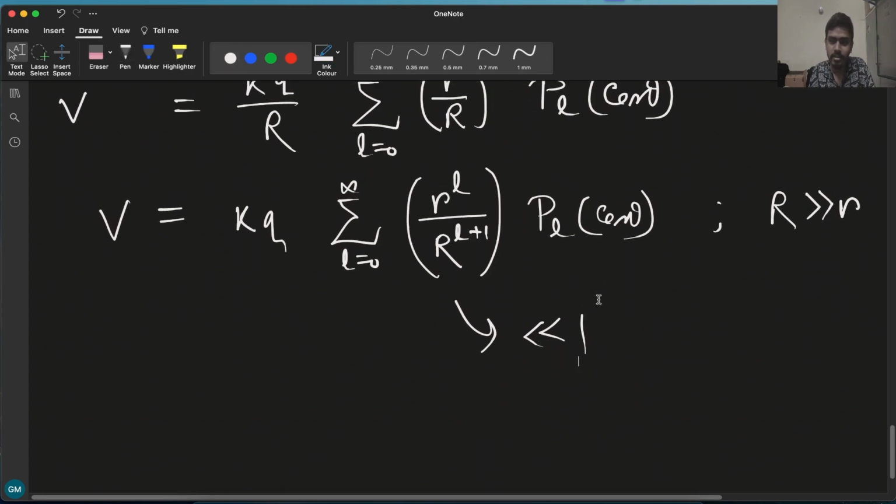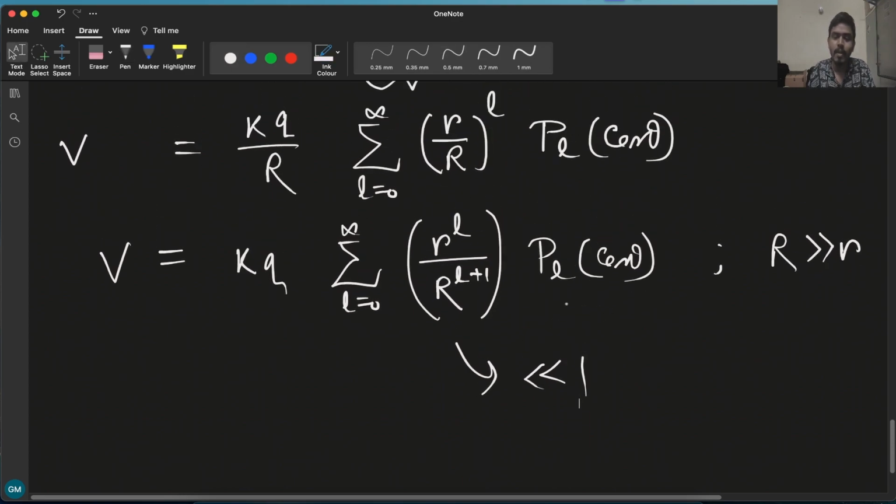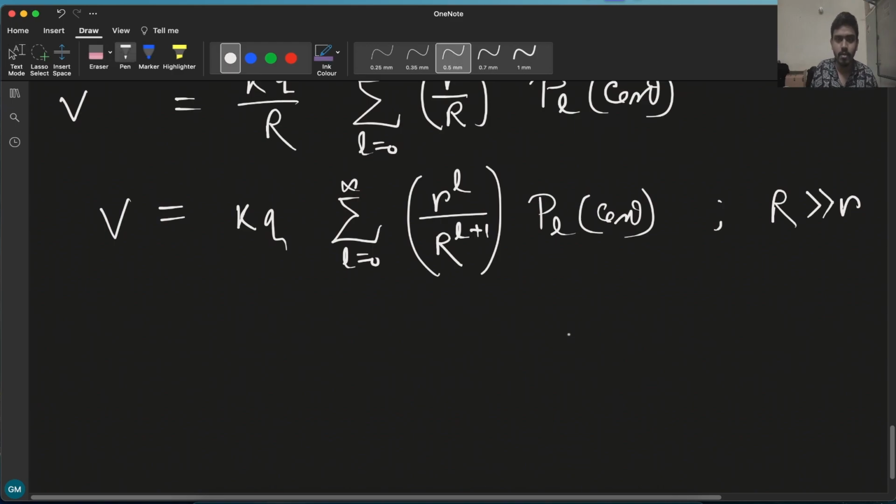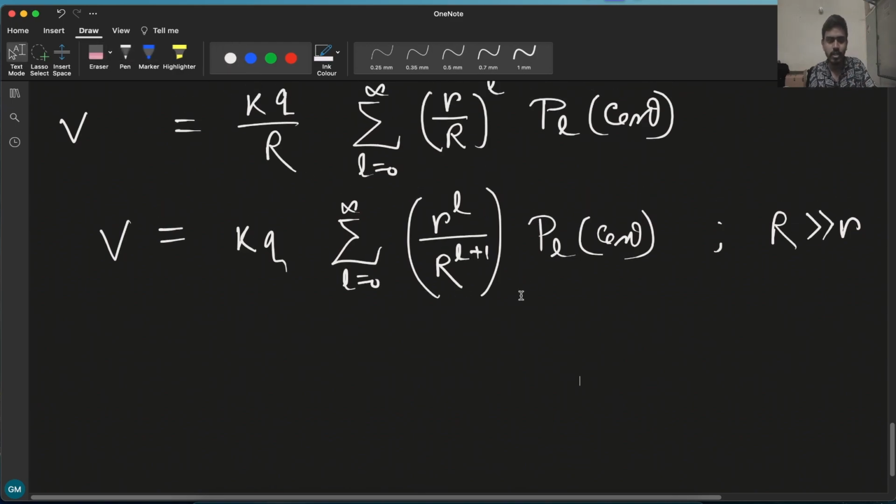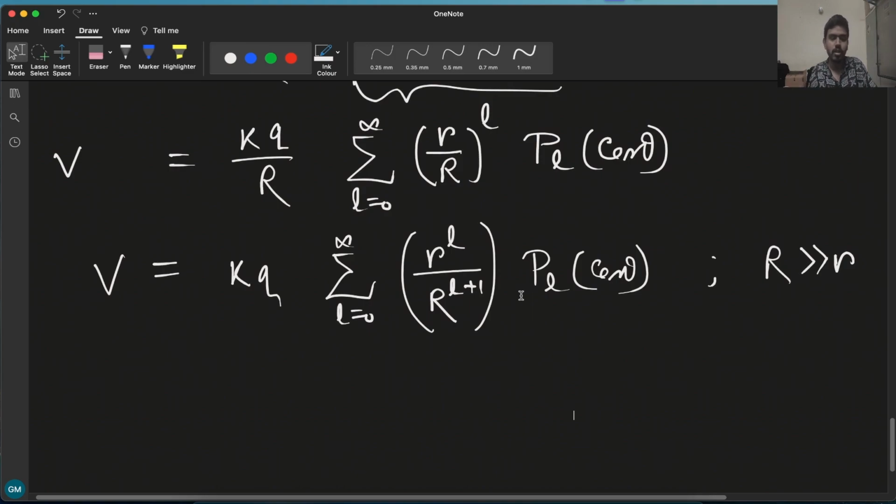In that case we can approximate this potential by a few Legendre polynomials like P0, P1, and then the rest we can omit because of this factor present, which exponentially goes to 0. So this is one application of these Legendre polynomials.